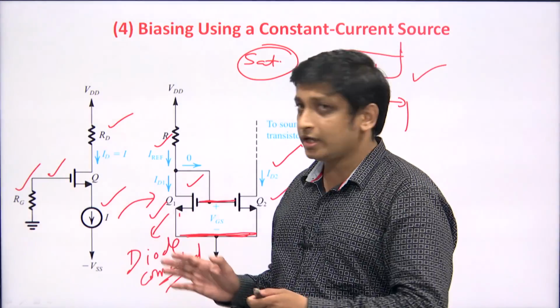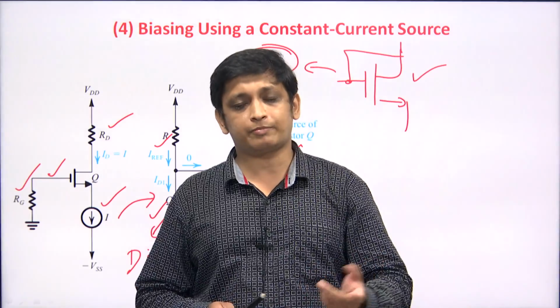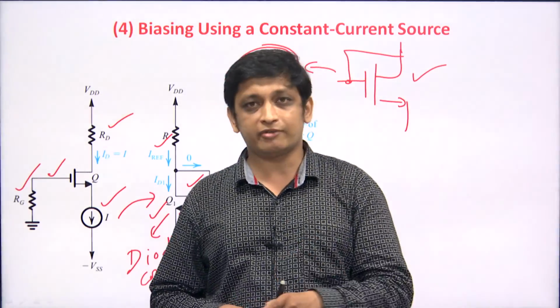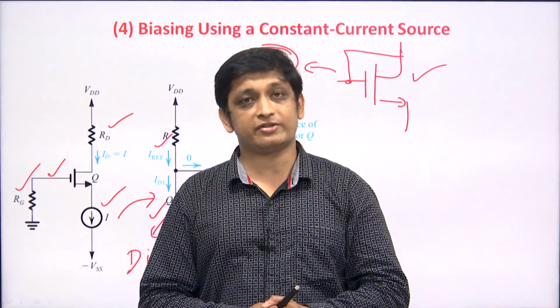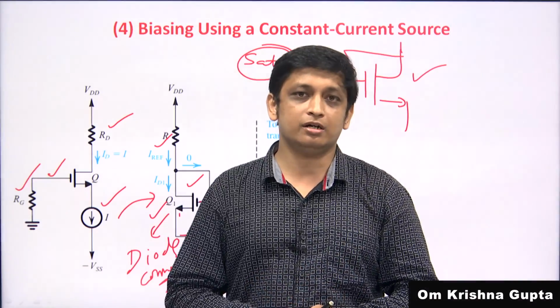Out of these 4 techniques, one is the biasing in which we have connected the resistor at the source terminal, that provides the negative feedback, and another technique which is very popular is the biasing using constant current source, that utilizes the current mirror as a current source.